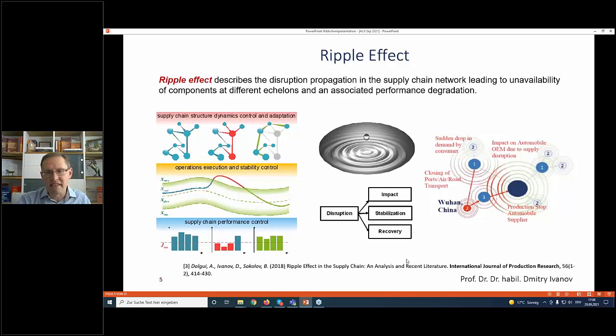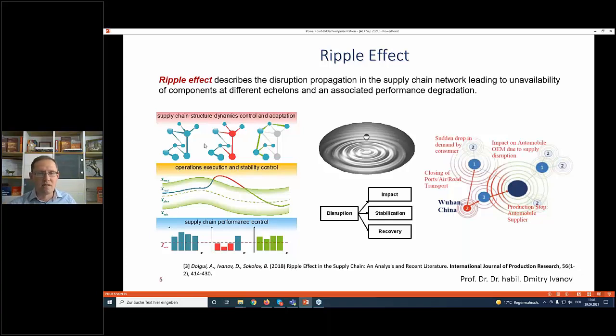One specific area in supply chain resilience is named the ripple effect. The ripple effect describes the disruption propagation in the supply chain network, leading to unavailability of components at different echelons in the supply chain and associated performance degradation. Right?